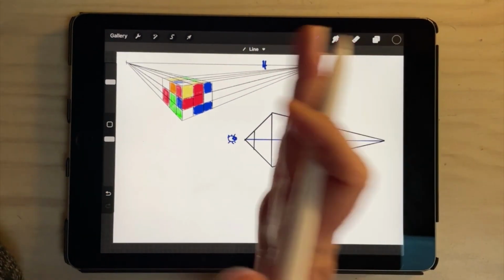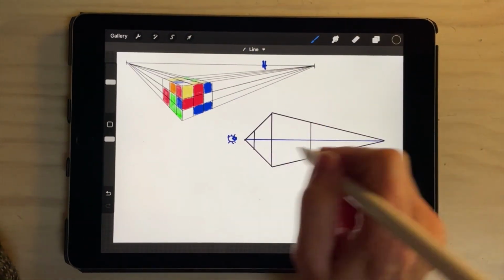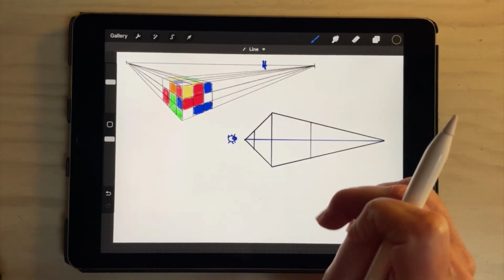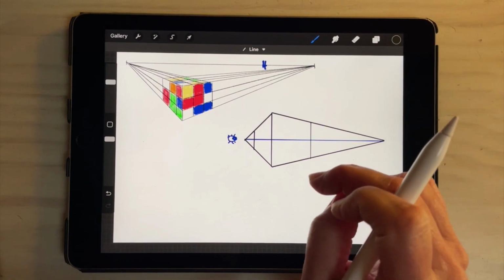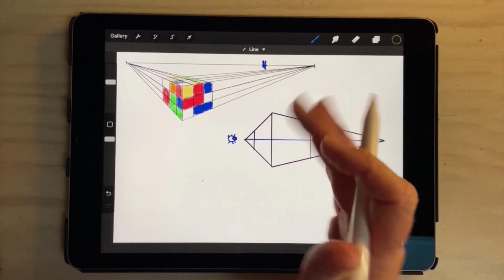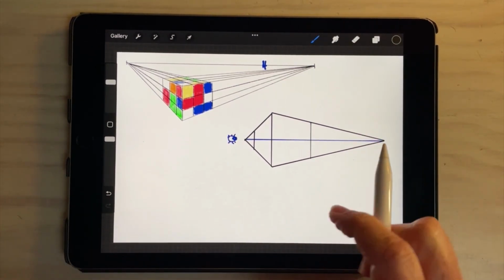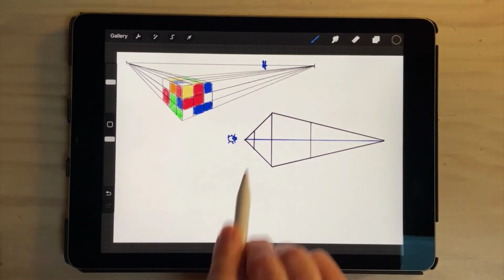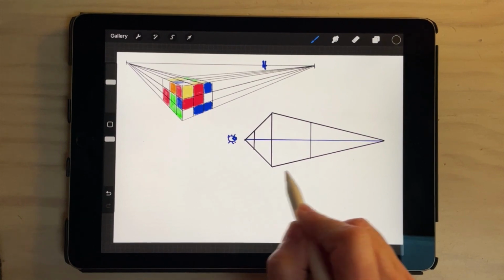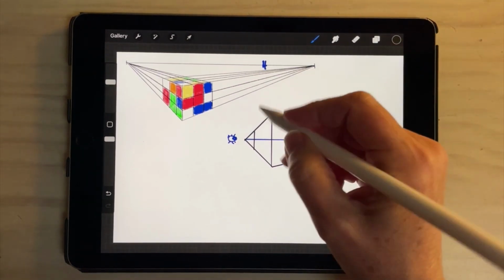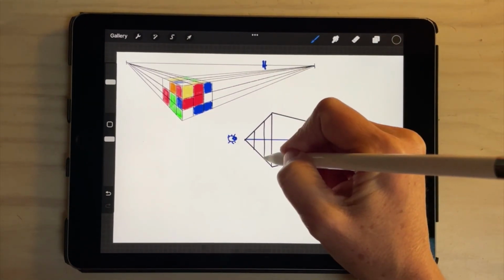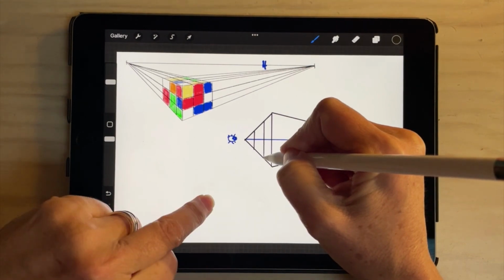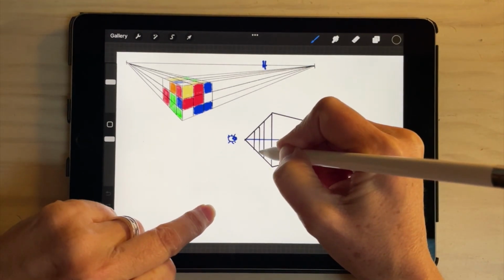Okay, so there's the front and side of our Rubik's Cube, and you can see that I'm kind of, let's call me, I don't know, bumblebee sized, standing beside the Rubik's Cube. And so I'm looking up at the top of it. I can't see the top surface, and I can't see the underneath, obviously, because I'm standing next to it. But we would end up with our thirds of the cube like this and like this.